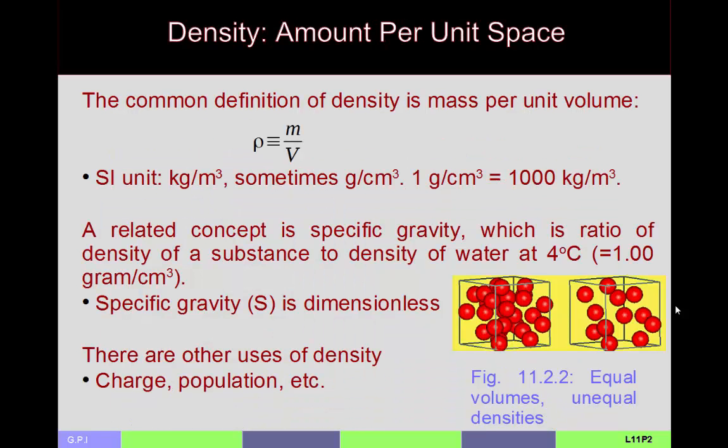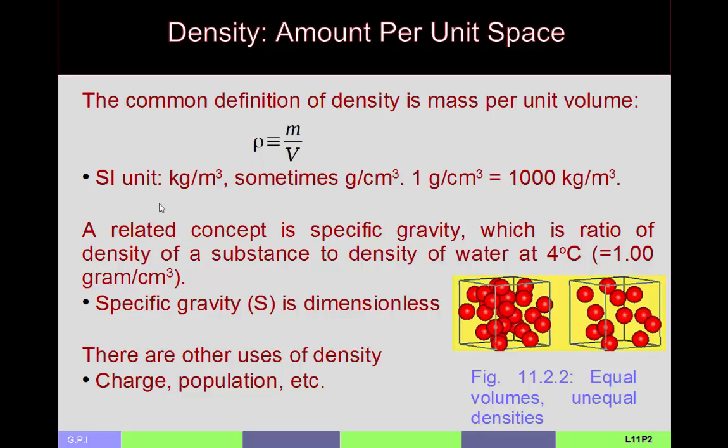So to begin this particular part of the lecture, we need to first define a concept which many of you are probably familiar with already, and that concept is density. So density is commonly defined as mass per unit volume. So this is density defined.